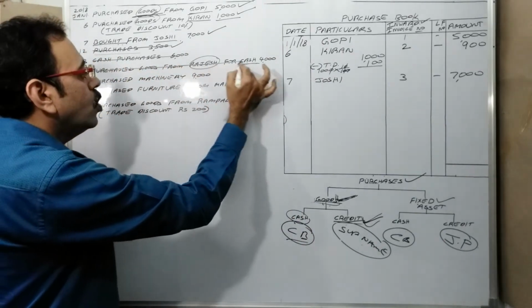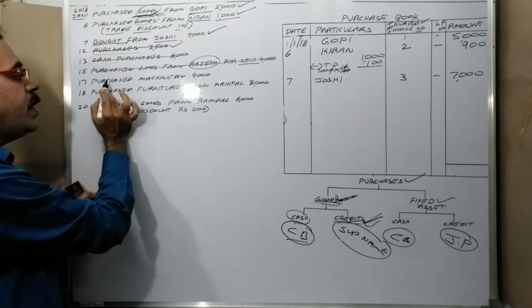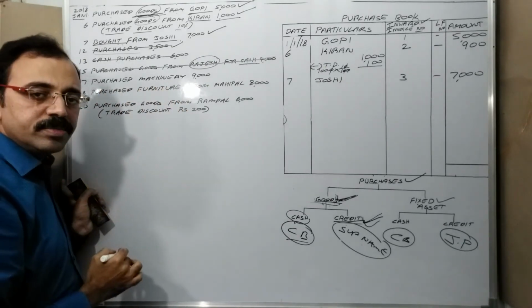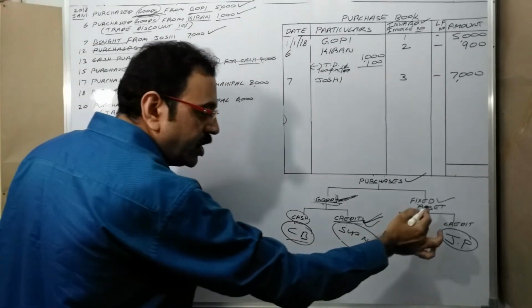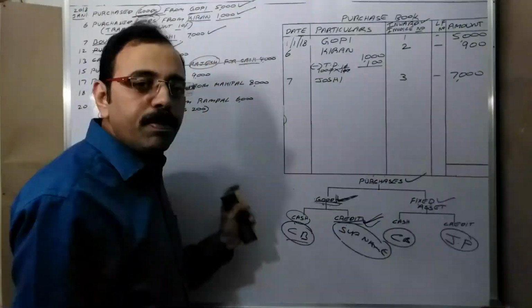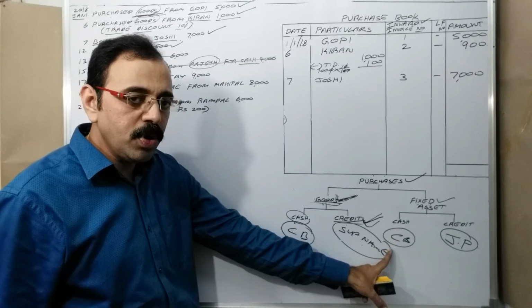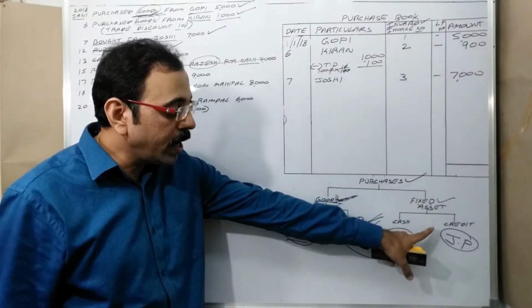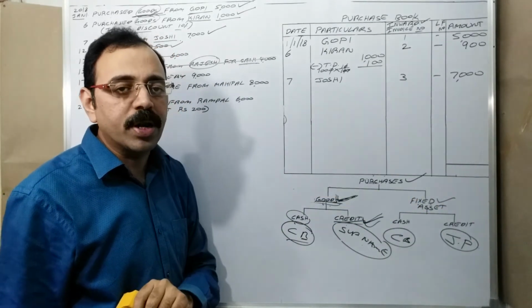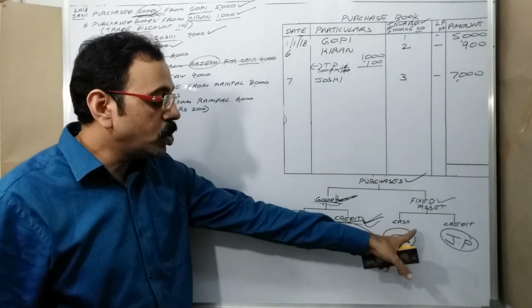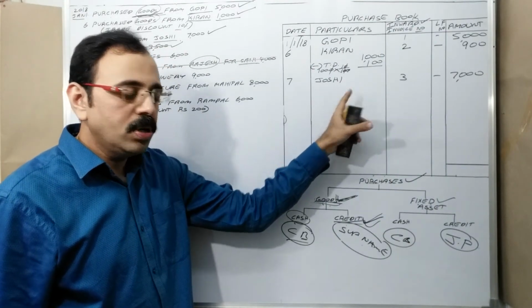Therefore, ignore. Then next one, purchased machinery. What are we buying? A fixed asset. If we purchase a fixed asset for cash, it goes in the cash book. If we buy on credit, it goes in journal proper. So anyhow, it is not going to come in the purchase book.